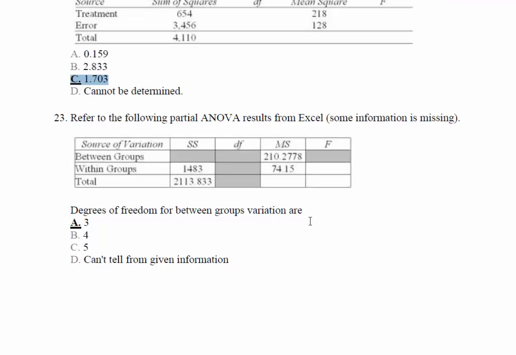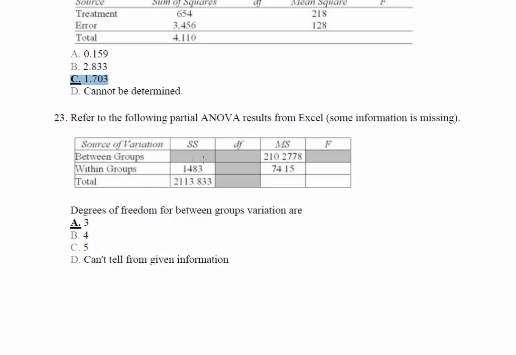Number 23, for this ANOVA results, the degrees of freedom for between variations are, in other words, you need the degrees of freedom for between groups. And now you have the mean square. How do you calculate degrees of freedom? You need the sum of square. Sum of square divided by mean square will give you degrees of freedom, right?